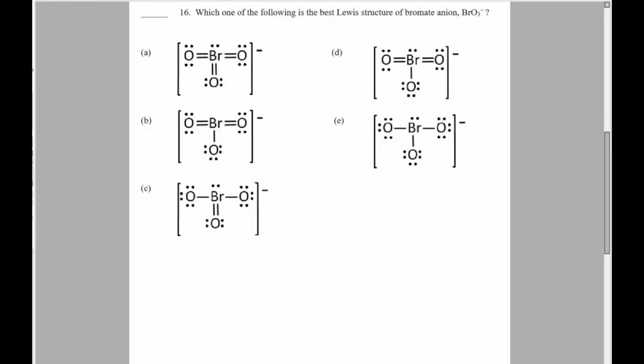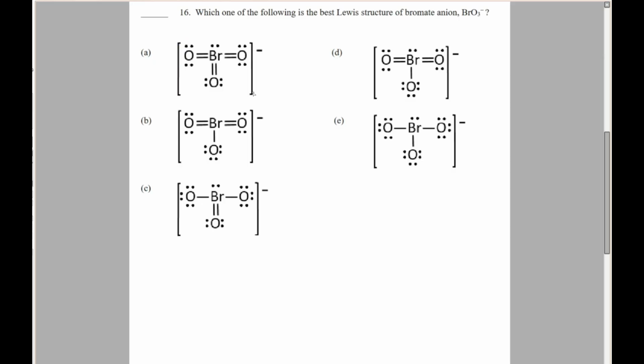Because all of these structures look pretty similar, we can just go through and do a process of elimination. The way I like to think of it is look for the formal charges. We know that the overall charge should add up to 1 minus, or just a negative charge. And we see that in all of these brackets, right?